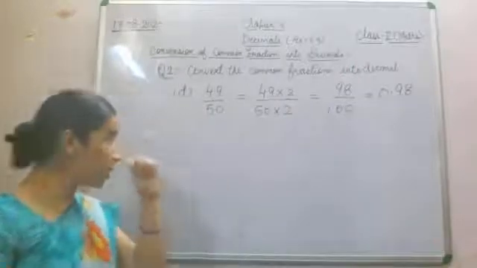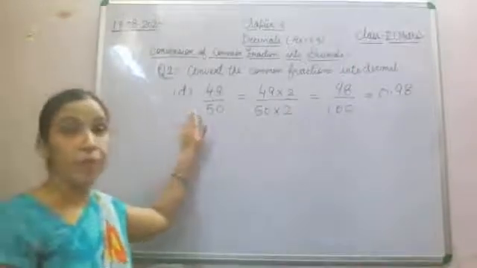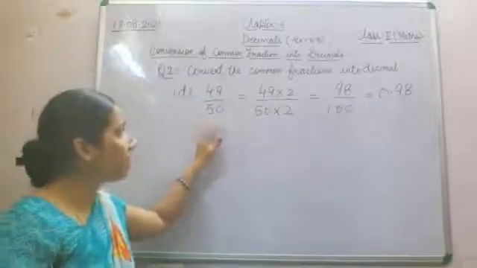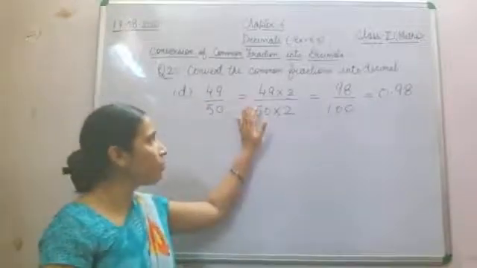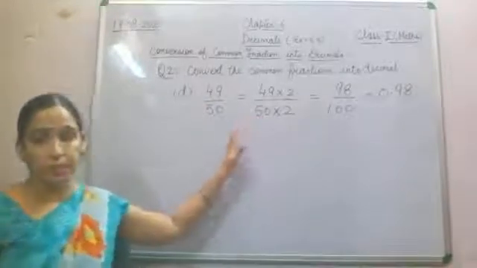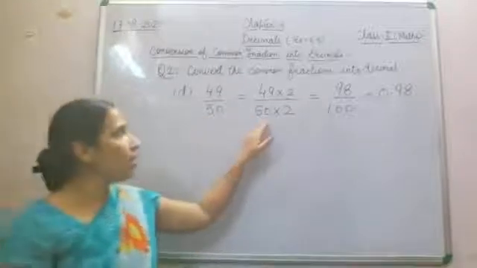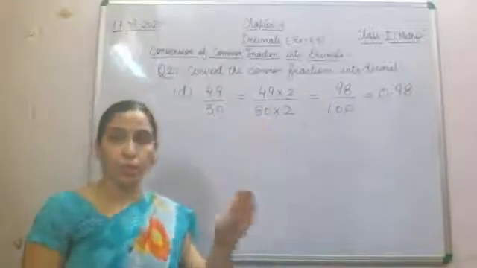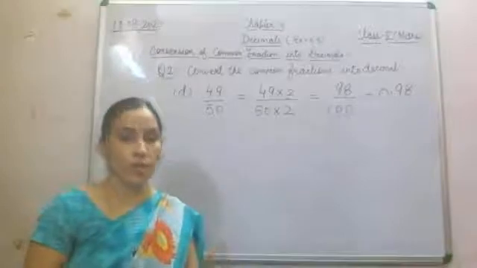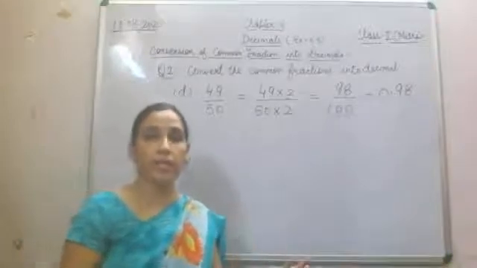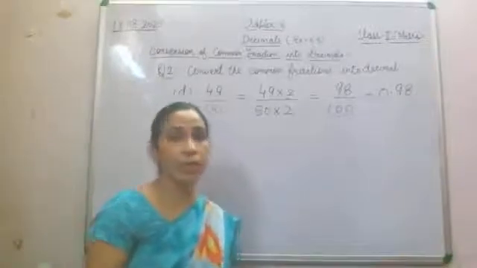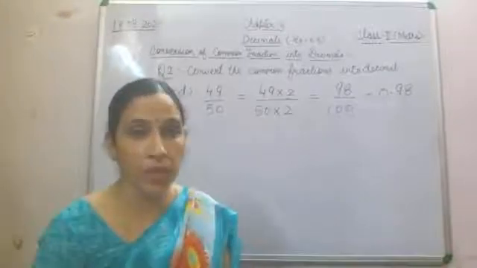So what have we done in this question? You have been given the fraction 49 by 50. Now 50 is supposed to change into 10, 100 or 1000. Because 50 is greater than 10, we will not convert it into 10, so we will convert it into 100.